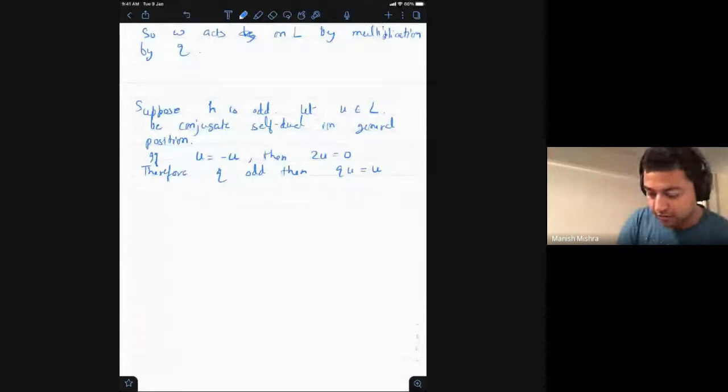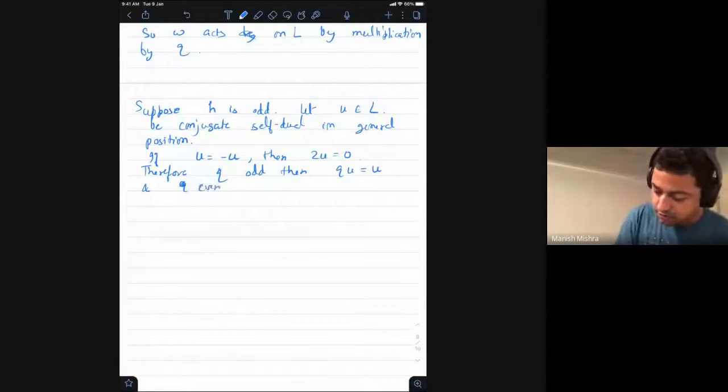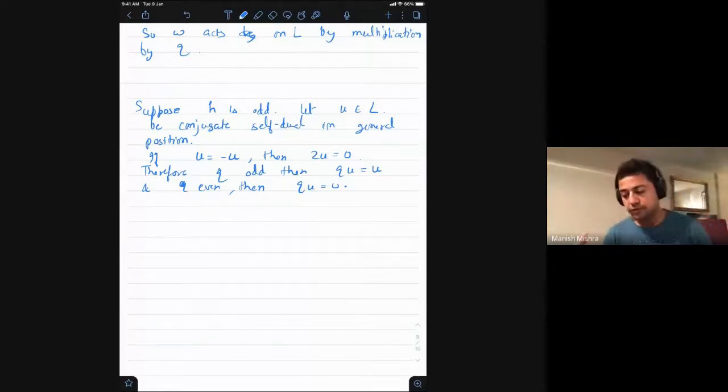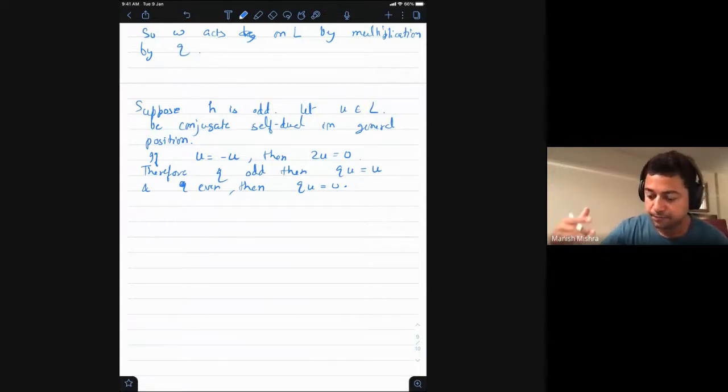And if q is even, then qu is equal to 0. So again, qu powers will not be different. Two different powers of q act in the same way.